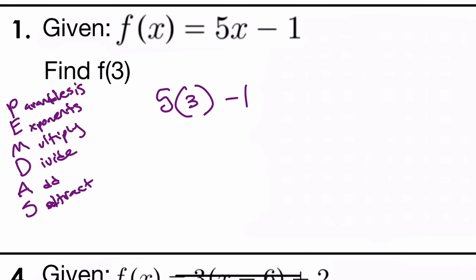We're going to follow the order of operations here. We don't have any of the top ones until we get to multiply. We see we have multiplication here, so we do that first. 5 times 3 is 15, and we still have our minus 1. Now we have subtraction, the last one, so 15 minus 1 is 14. And that's our answer. Like I said, these are pretty straightforward: you're just plugging in your number for your x and then solving from there.